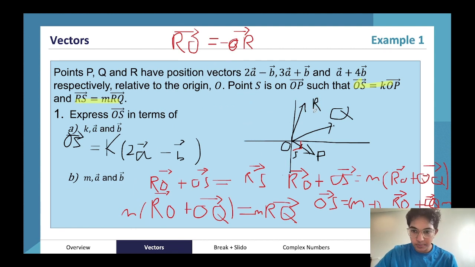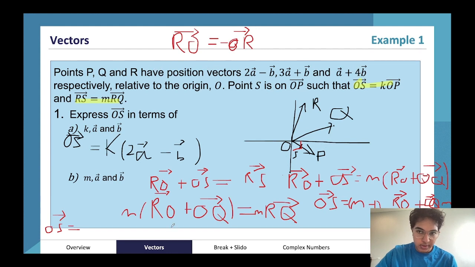So here, OS is going to be equal to, what is RO?